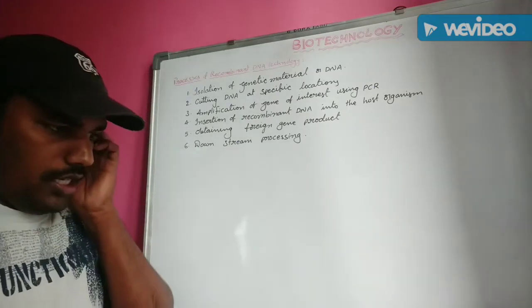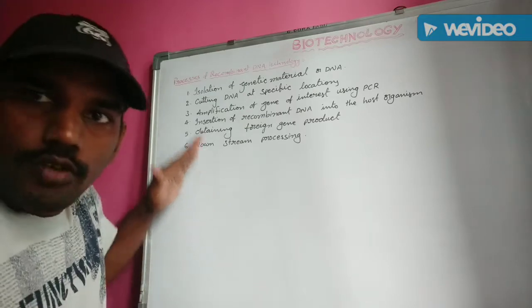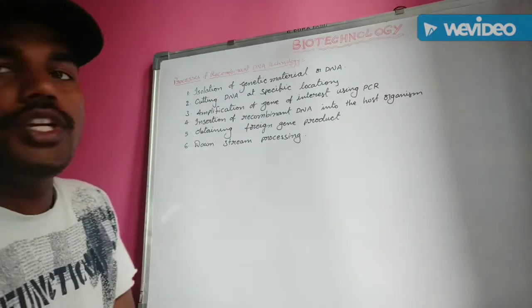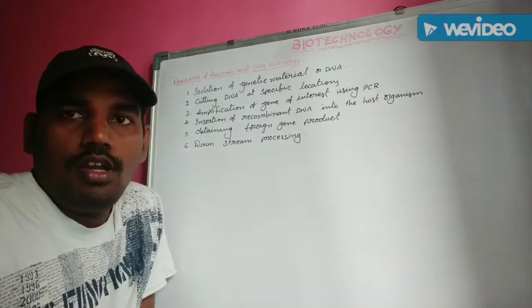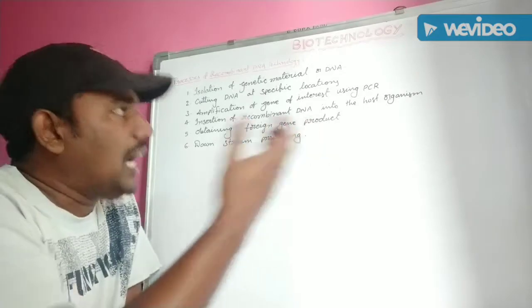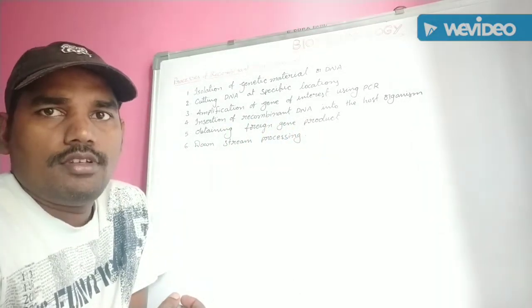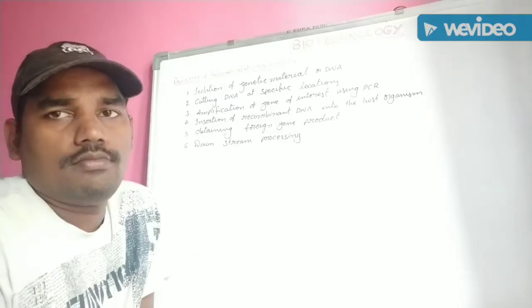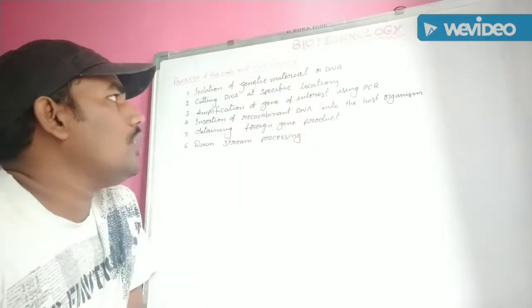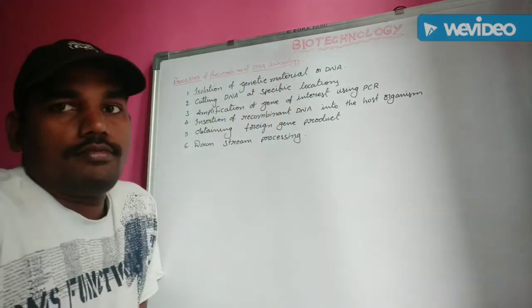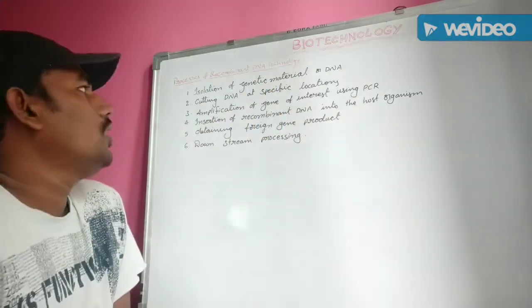Recombinant DNA technology involves several steps. What are they? The first one is isolation of genetic material or DNA. The wanted DNA is isolated from human beings, for example the insulin gene. The first step is isolation.